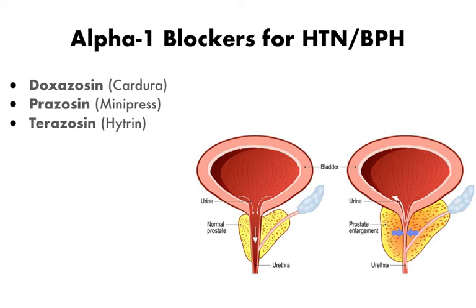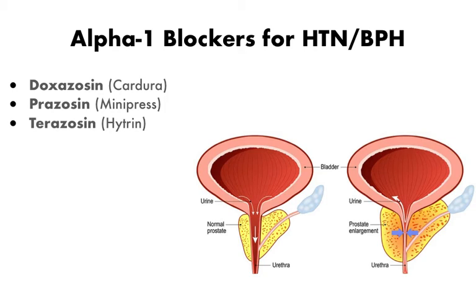The reason these three drugs can be used in this capacity is because at the bladder neck and in the bladder, there are alpha-1 receptors. And by blocking these alpha-1 receptors, we can improve urine flow. We relax the smooth muscle at the bladder neck, improving urine flow in men who have BPH.